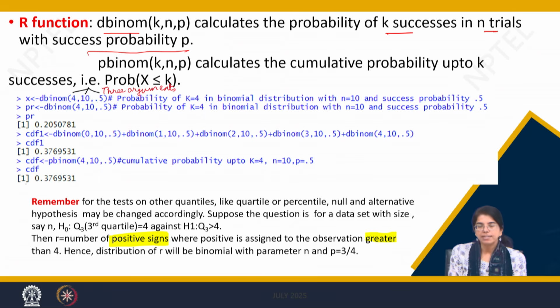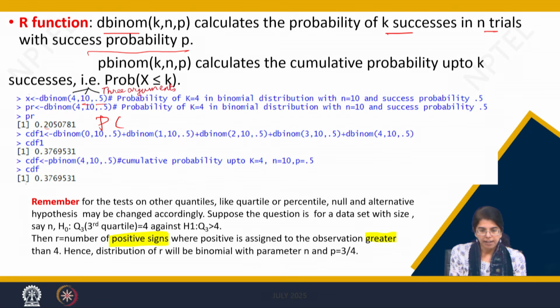I have taken a snapshot of this part from my R console for your convenience. You can just look at it and try on your own. You can see that 4 is the value of k, that means 4 successes, 10 is the total number of trials, and 0.5 is the probability. So, what is the value of dbinom? It is 0.2050781.